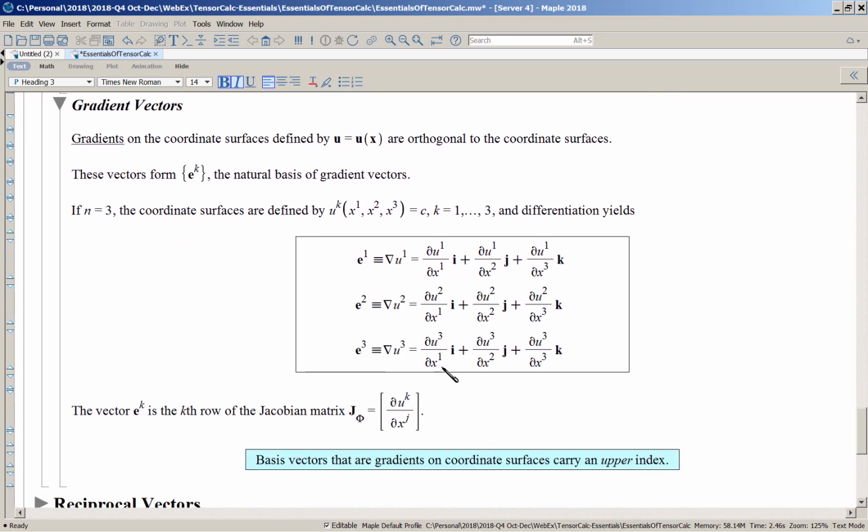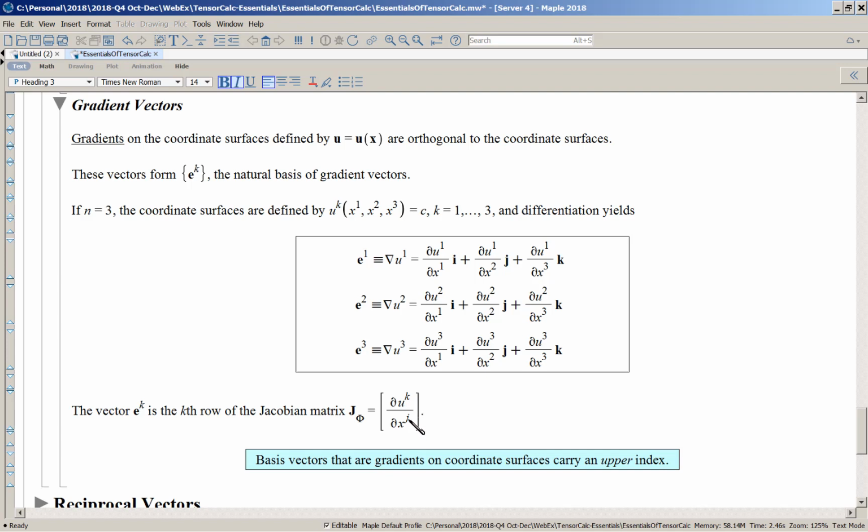Now, if you're paying attention, you'll see that these coefficients or components of the gradient vector are the elements of the rows of the Jacobian matrix J phi, which is why we group those rows when we looked at products of Jacobian matrices, because those rows have a special meaning. So think about this Jacobian matrix. DUK dxj. This is the row index up here.